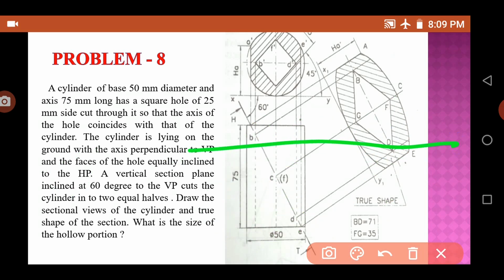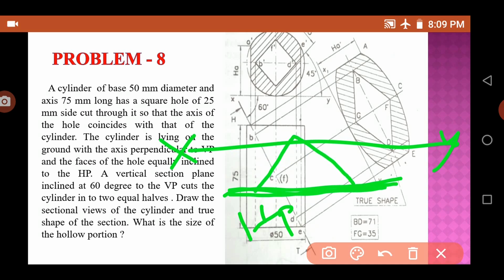When you put a line parallel to XY, this line is in the HP, over the HP. When it is equally inclined, it means that this angle and this angle are the same.